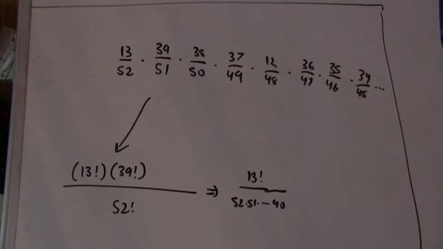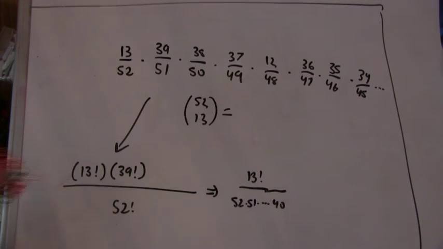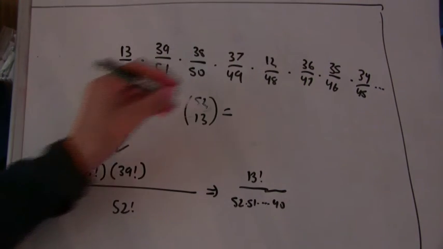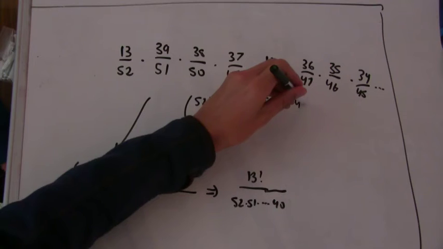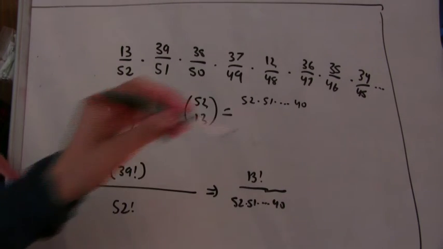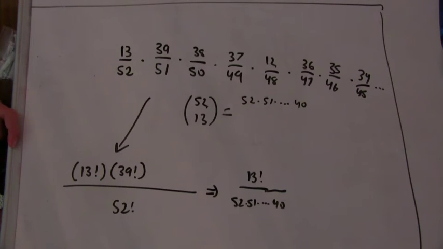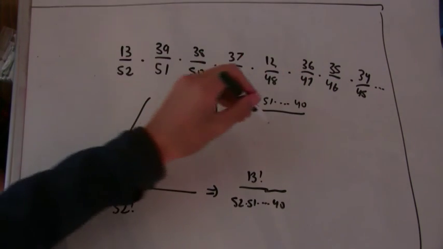Okay, well, what does 52 choose 13 equal? Why don't you write that down? So what does A choose B equal? So A choose B would be A factorial over B factorial, but you only write A terms of... I think it's the other way around.